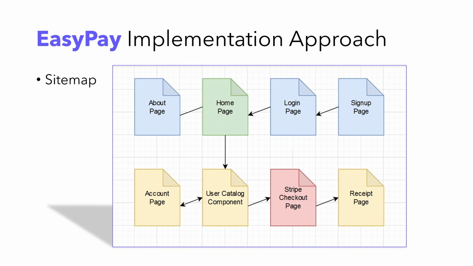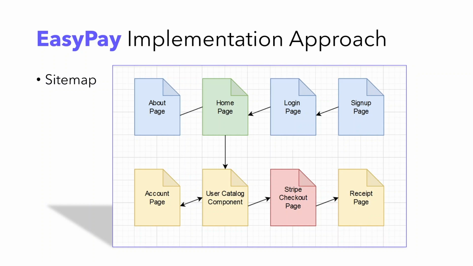When you sign up, it takes you to the login page. When you log in, you go to the home page, and that's how you're able to access the second nested layer, which is you get available access to the user catalog component, which is then also accessible towards the account page, where you can also view your account, update information on there as well.